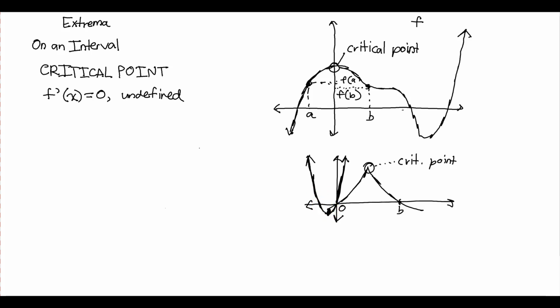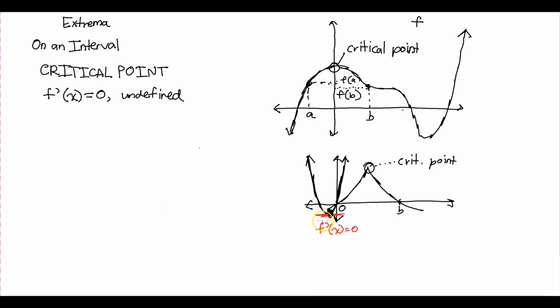But there's this one instance where it's completely horizontal, where f prime of x is equal to 0. And when f prime of x is equal to 0, you can see that it's at a minimum or a maximum point. This can also work for a downward facing parabola.